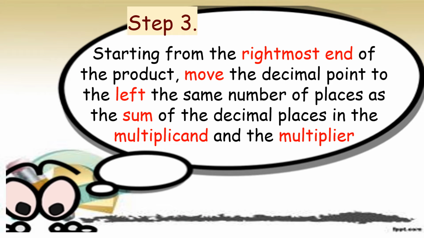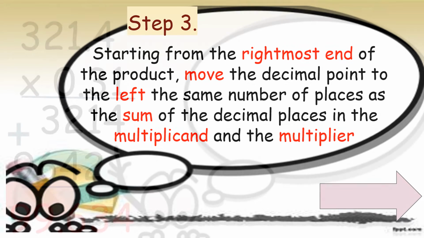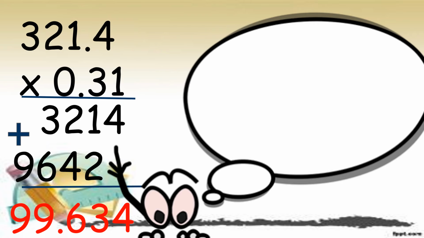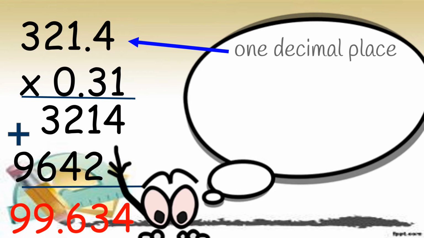Starting from the rightmost end of the product, move the decimal point to the left the same number of places as the sum of the decimal places in the multiplicand and the multiplier. So our number is 99,634. How did we get 634 as the decimal number? First is to count the decimal places.